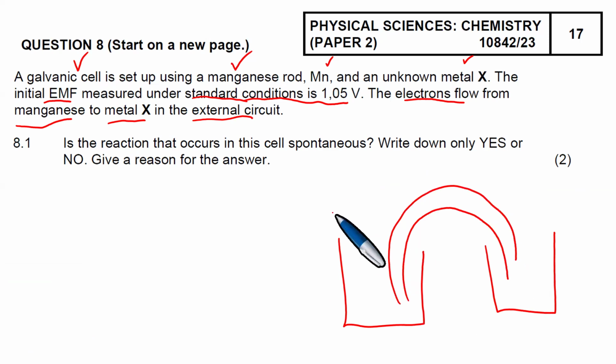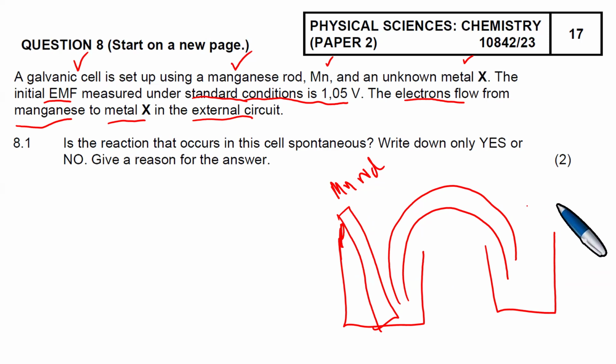And then we put here a manganese rod, Mn rod, and this one is going to lean on the side of the beaker. And then we're also going to put an unknown metal whose name is X.